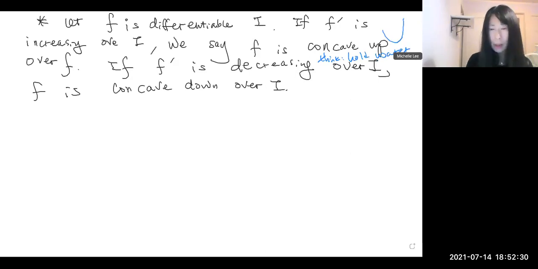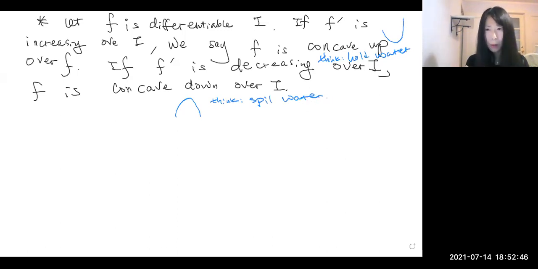Concave down is like a parabola opening downwards, so we might think it spills water. But not obviously like a parabola. If you took statistics, there's a bell shape, right? Looks like that. This part is concave up, this part is concave down, and this part is concave up.